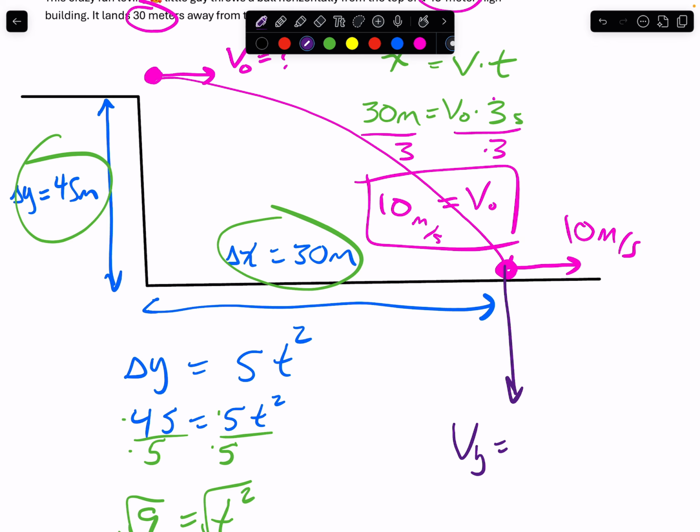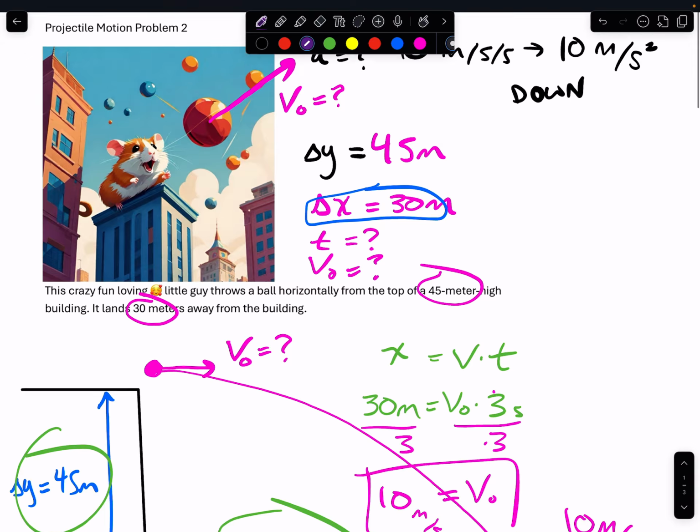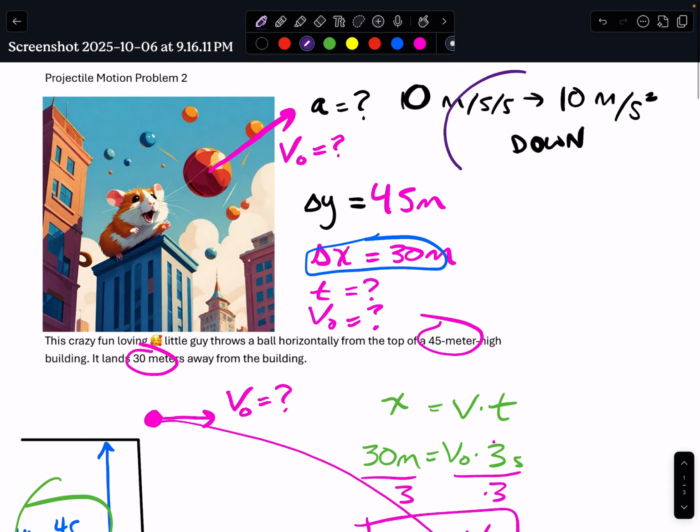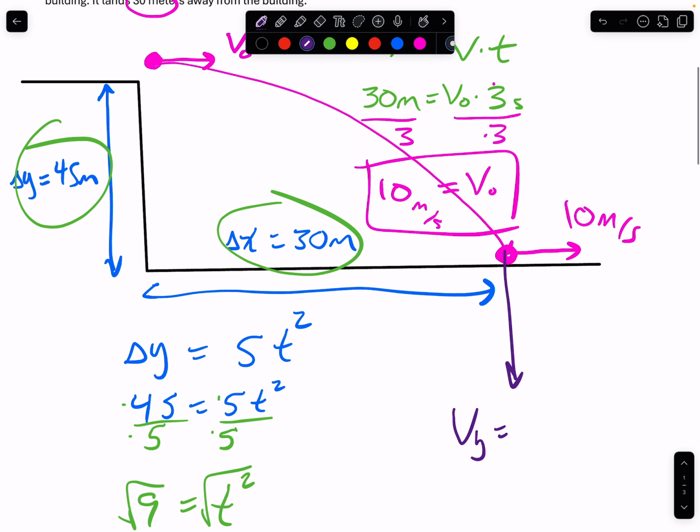Well, in the downward direction, it started off at rest. It was not moving down at all. It's gaining 10 meters per second downward every second it's falling. So in 3 seconds, well, that's 10, 20, 30. It's moving 30 meters per second in the downward direction.